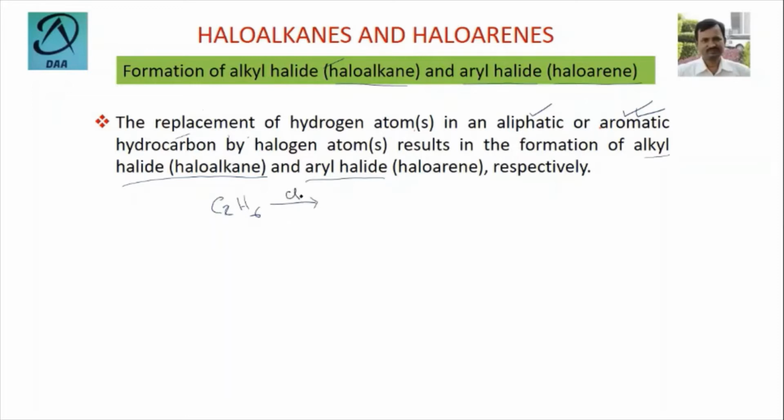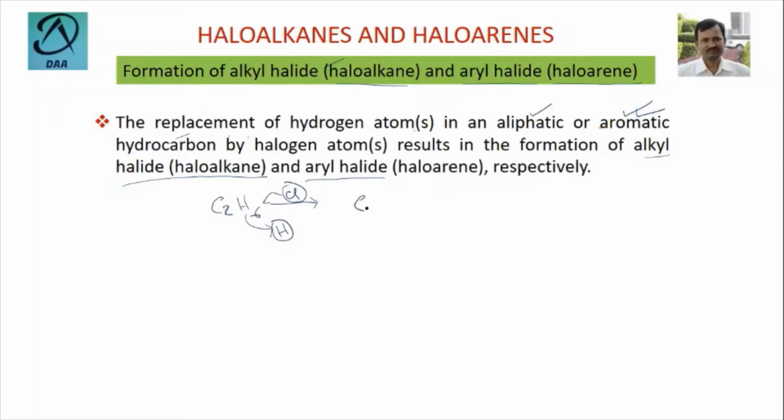That means Cl will add here and one hydrogen atom will be removed by introducing one Cl atom. It is just the formation in the structure, how the haloalkanes are formed from the aliphatic hydrocarbons.